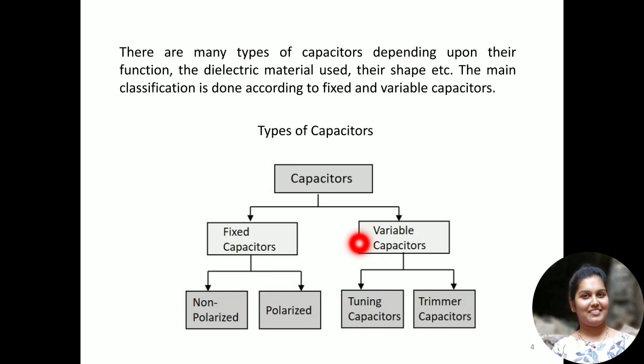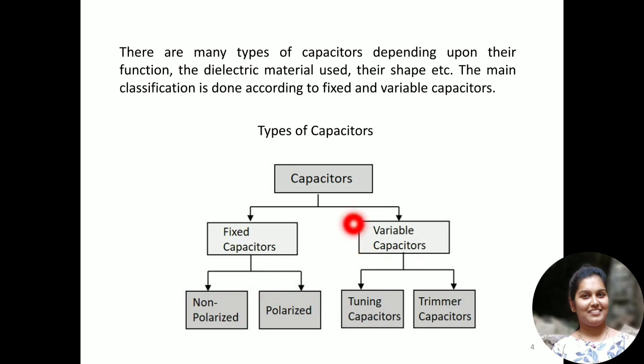First one is fixed, the second one is variable capacitors. This point we have already covered, right? Fixed capacitors we have non-polarized and polarized. Non-polarized category we have seen; except aluminum type, every capacitor comes under non-polarized, whereas aluminum kind of capacitors come under polarized category.